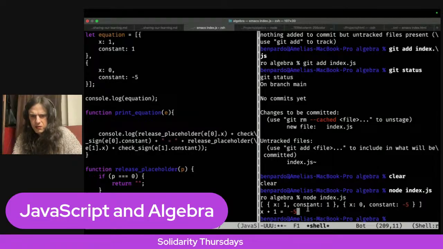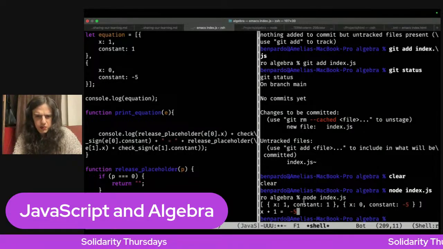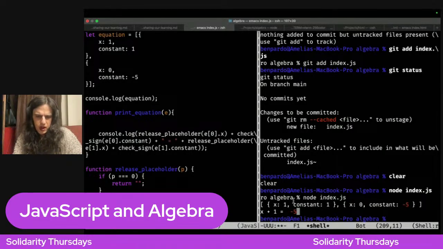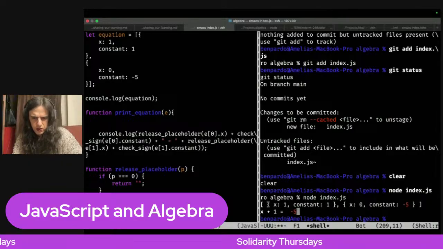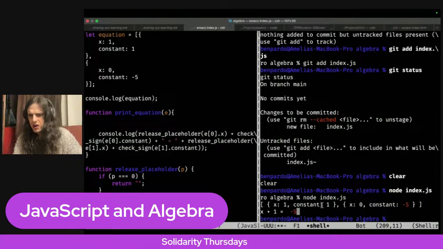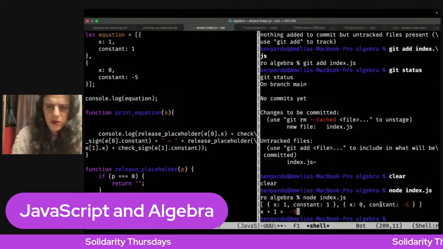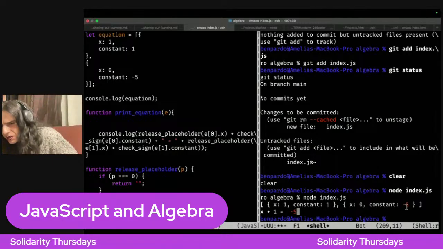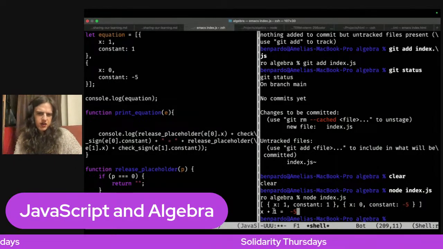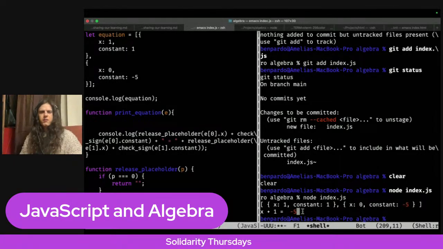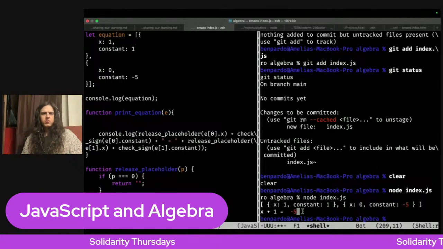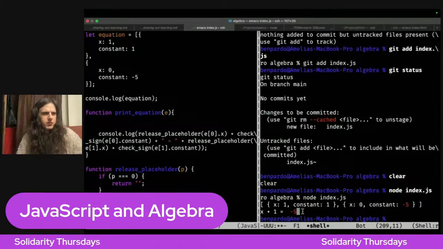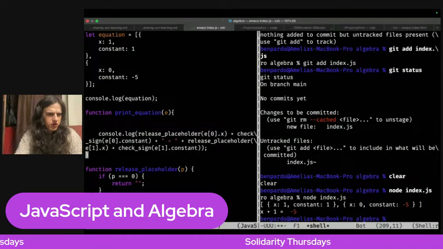But I'll read out loud what happens here, right? There's a square bracket and a curly bracket, and x equals 1 and constant equals 1. X equals 0 and constant is -5. X plus 1 equals -5. So we're doing some stuff here using JavaScript.